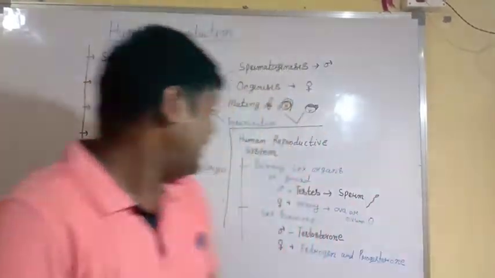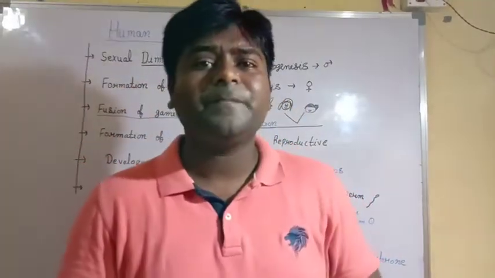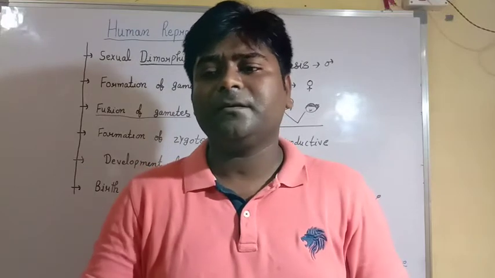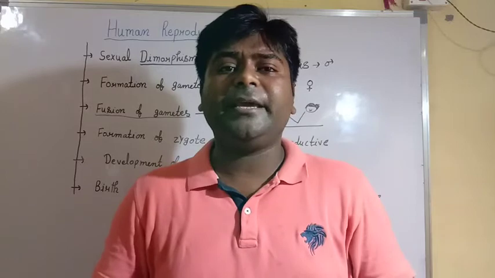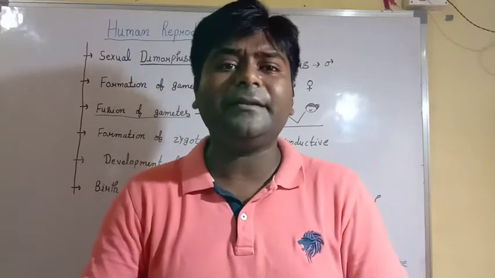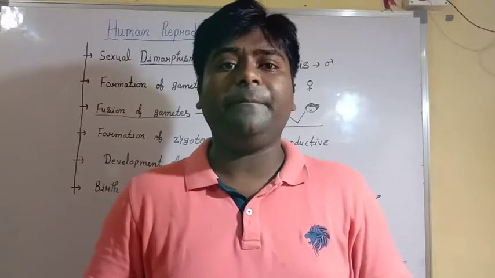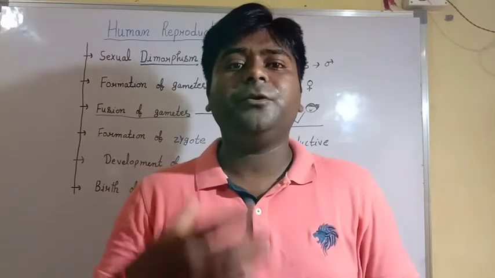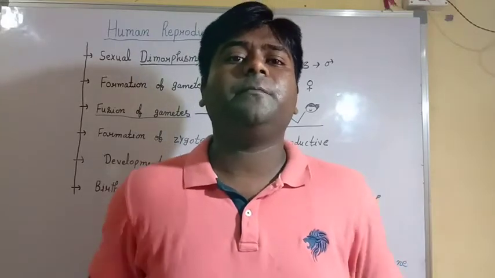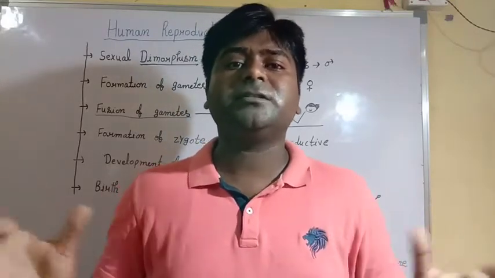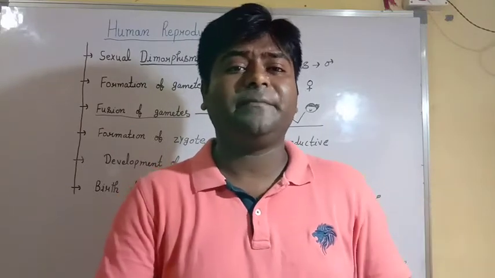And then the zygote is undergoing successive changes, and these changes result in the production of embryo, and that embryo will lead to the development of the body parts, organs, system, and after a few months, it means the gestation period.